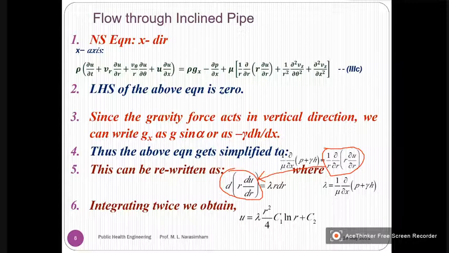I'll get this one: 1 by r dou by dou r of r dou u by dou r. Right?